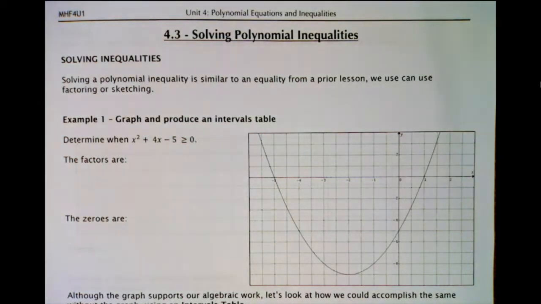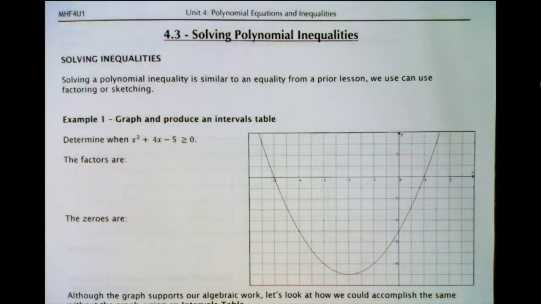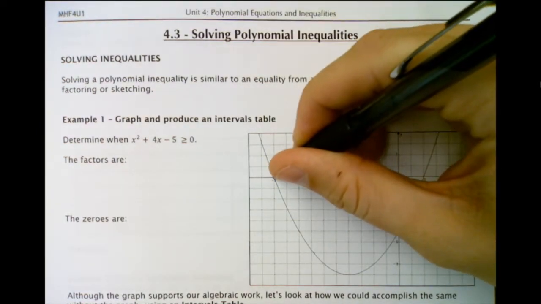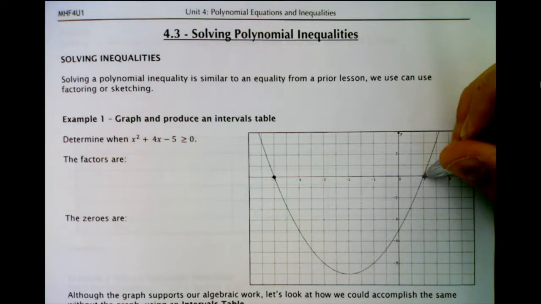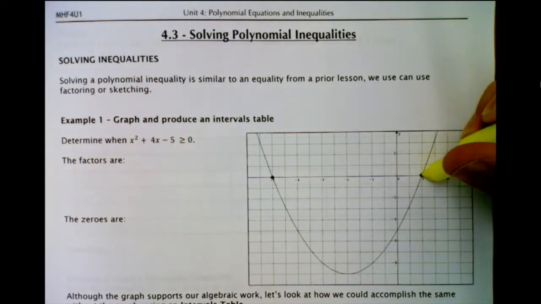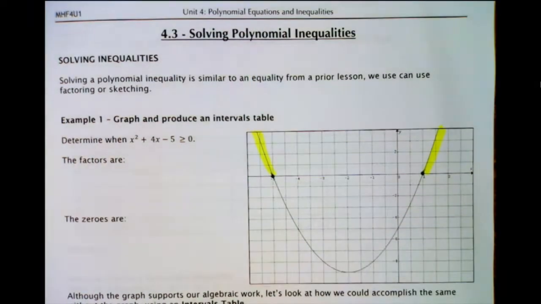If you look at the graph, I've graphed x squared plus 4x minus 5. We want to know when the function's greater than or equal to 0. Well, it's equal to 0 at negative 5 and 1, and it's greater than 0 when it's above the x-axis. So these two branches.